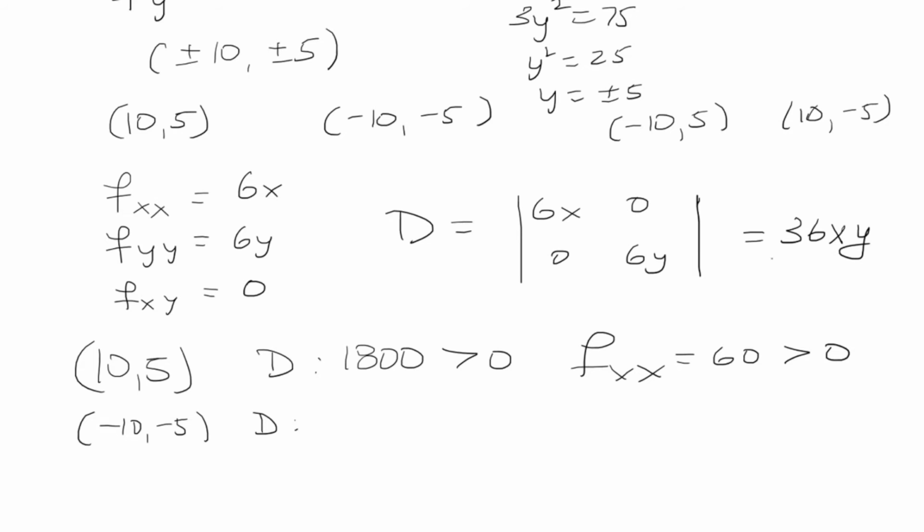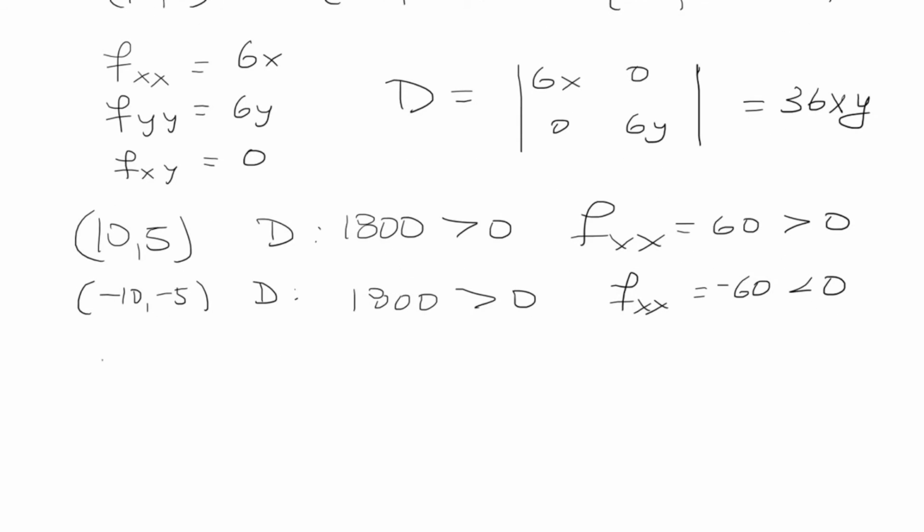So when you plug in two negatives, they're going to cancel out and you're still going to get a positive number. Now for the second derivative, 6x is going to be negative 60, and that's negative. So now we do negative 10, 5, and then 10, negative 5.